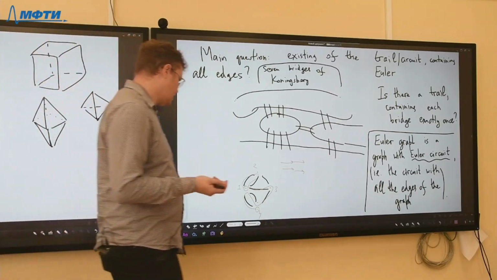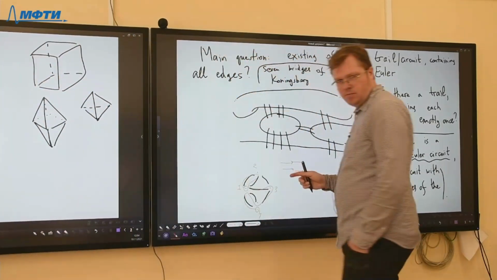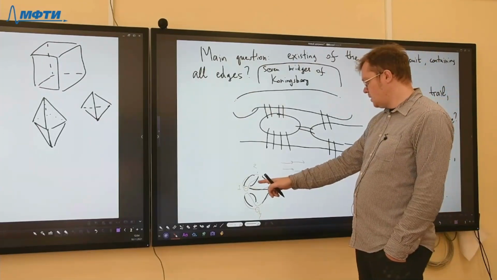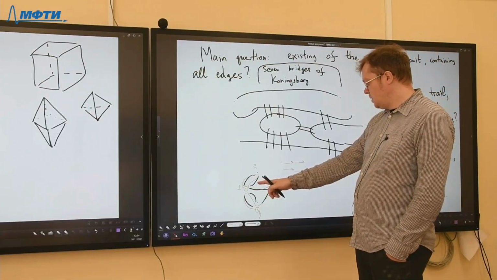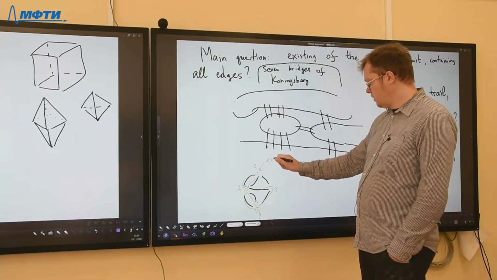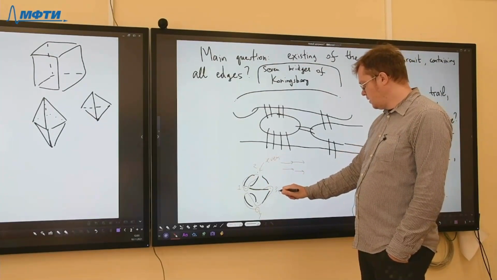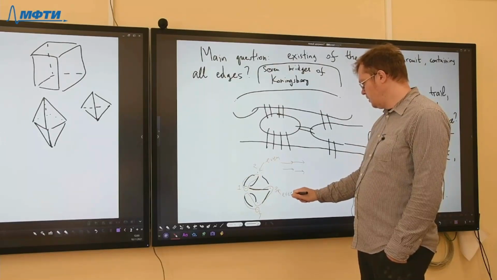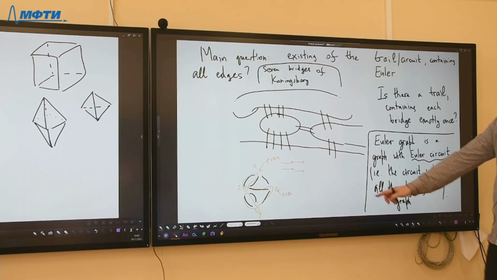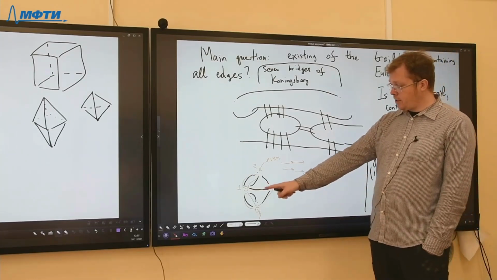This means that in each of these intermediate vertices, we occur there an even number of times. So we count only an even number of edges.